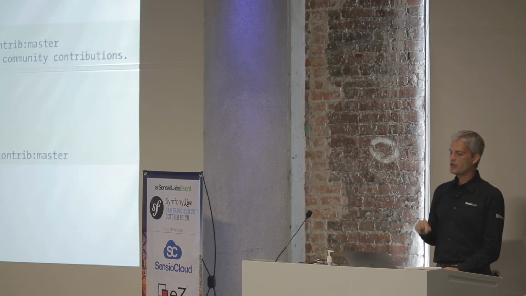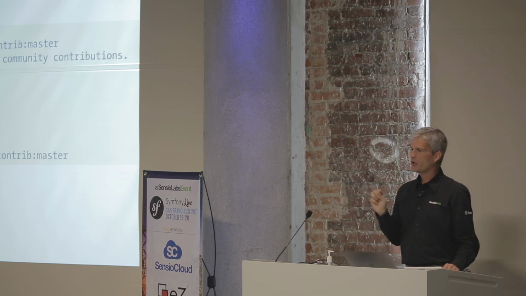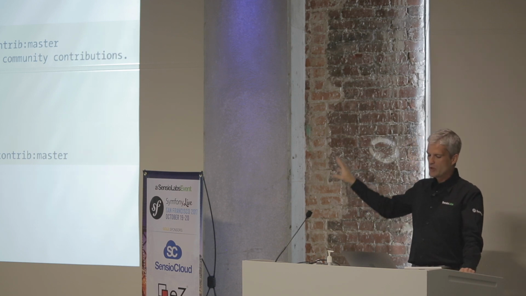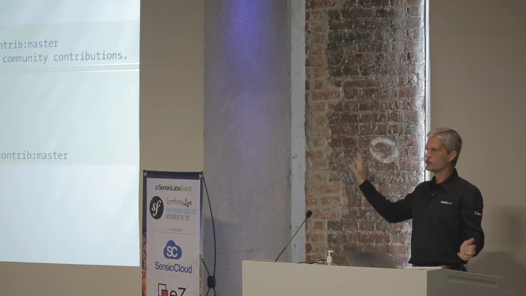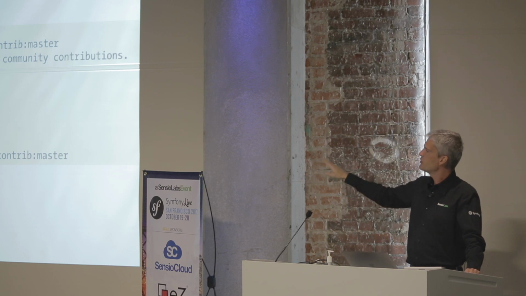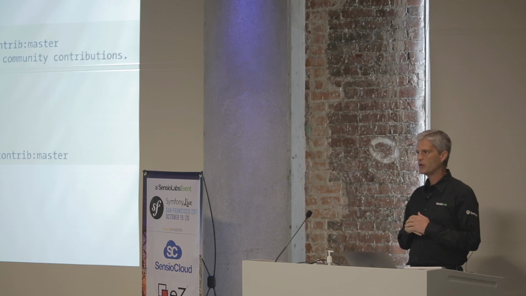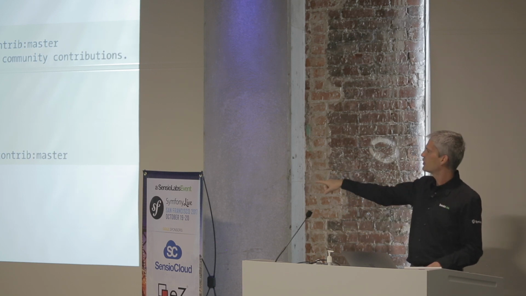If you want to install something that comes from the contrib repository, then you have a small warning telling you that's the contrib repository. It's not managed by the Symfony core team, or not just by the Symfony core team. And then you have the choice to install just this bundle, or you can say, okay, I want to accept any bundle coming from the contrib repository. And that's part of the composer.json.